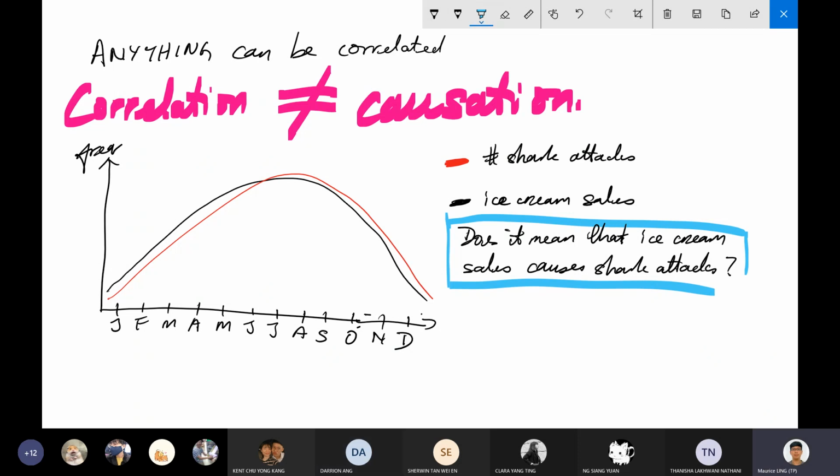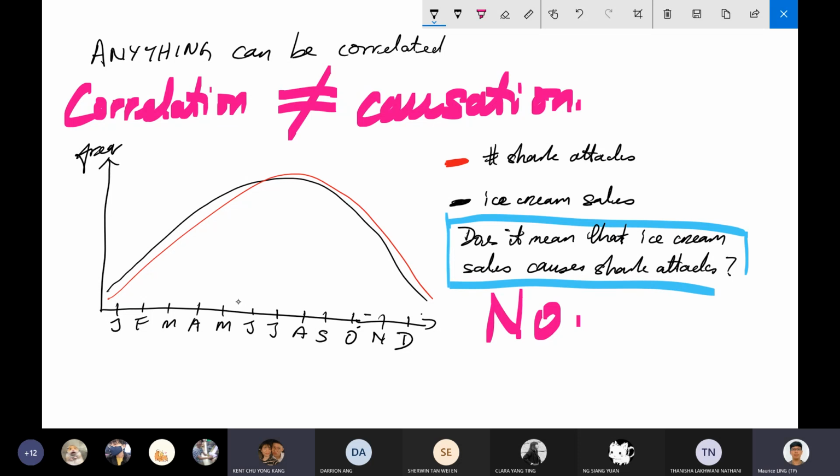No. Why? Ice cream sales don't cause shark attacks, you know it. Unless you're trying to say that the more ice cream you eat, you taste fatter and sweeter for the shark to attack you. So why do you think these are correlated? Maybe because of the season.